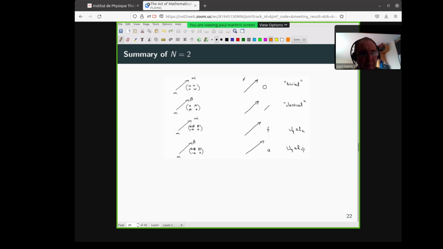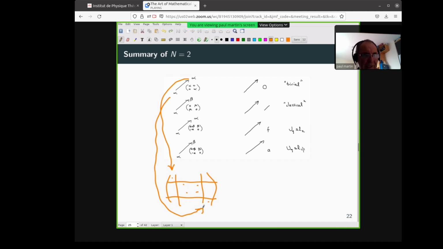And the point, of course, is that from that data, we can build this thing which has something here, here, here, here, here, and here. We take that guy and put it there. We take that guy and put it there. And we take the matrix and put it in the middle.